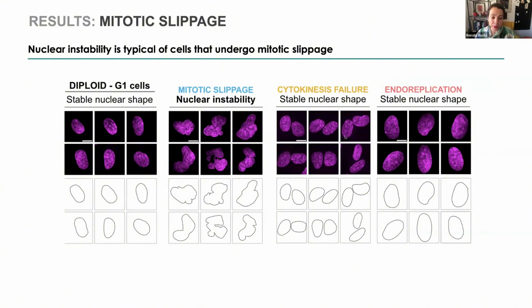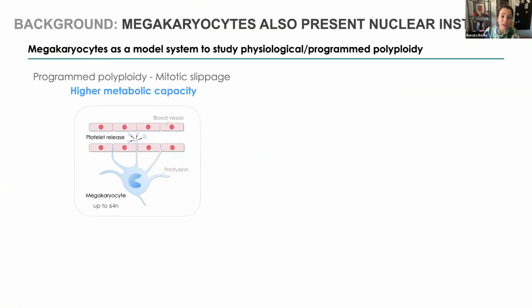But upon mitotic slippage, you can see that these are very variable. And this is, again, not related to whole genome duplication, because if we induce cytokinesis failure or endoreplication, nuclear shapes are very stable.